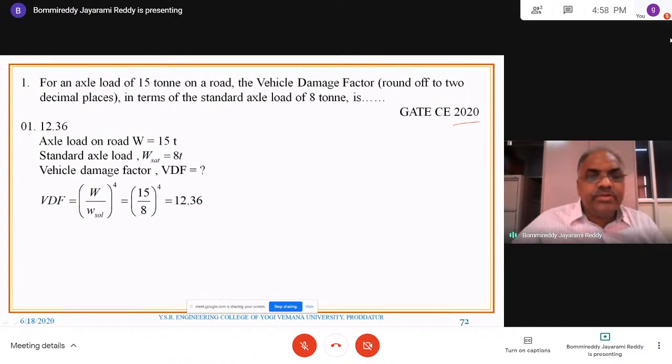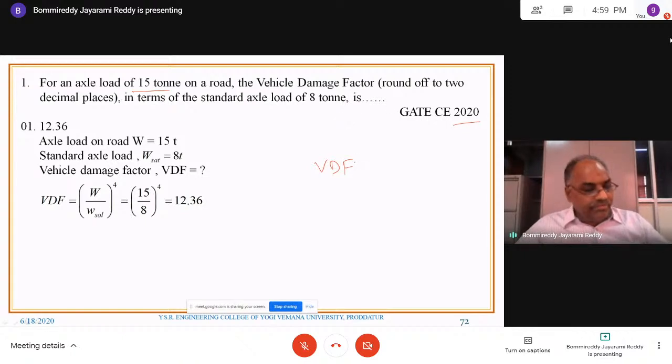For an axial load of 15 ton on a road, that is the actual axial load on the road, the question is, what is the vehicle damage factor, VDF, rounded off to 2 decimal places, in terms of a standard axle load of 8 tons?